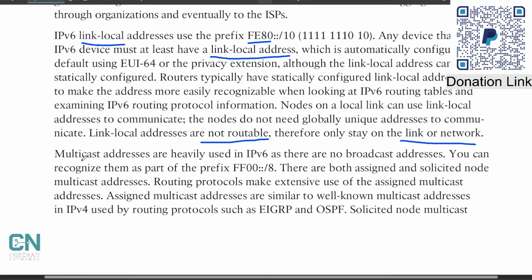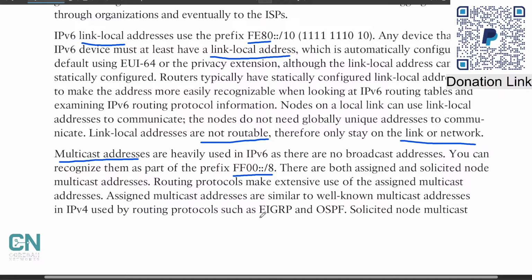Multicast network addresses are heavily used in IP version 6 as there are no broadcast addresses. You can recognize them as part of the prefix FF00::/8. There are both assigned and solicited node multicast addresses. Routing protocols make extensive use of the assigned multicast addresses.